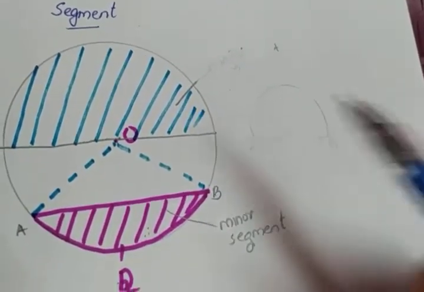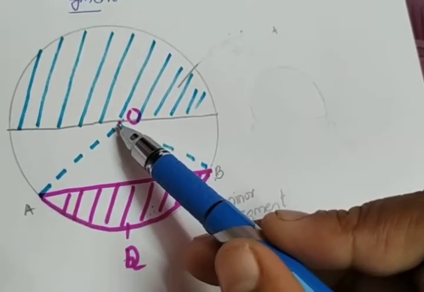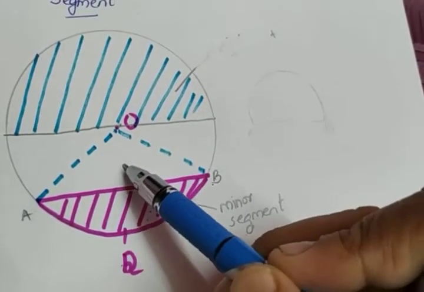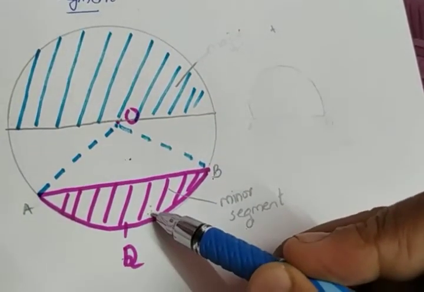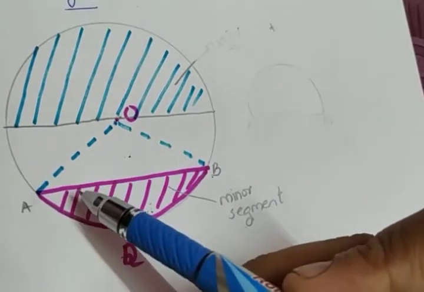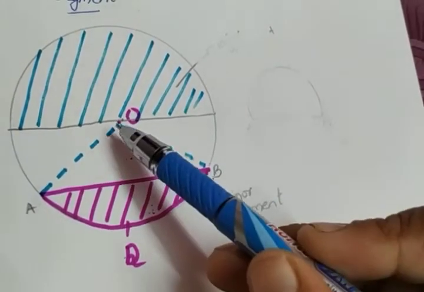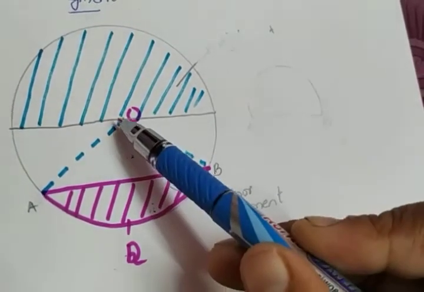It's a sector, isn't it? So we will find the area of sector OAQB, and from that we will subtract the area of the triangle OAB. So to find the area of segment AQB, the formula is area of sector OAQB minus area of triangle OAB.